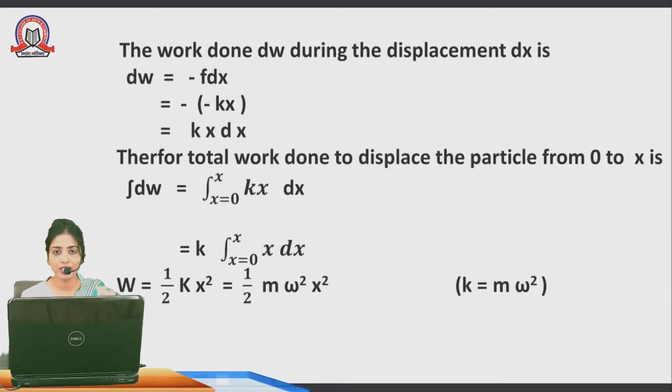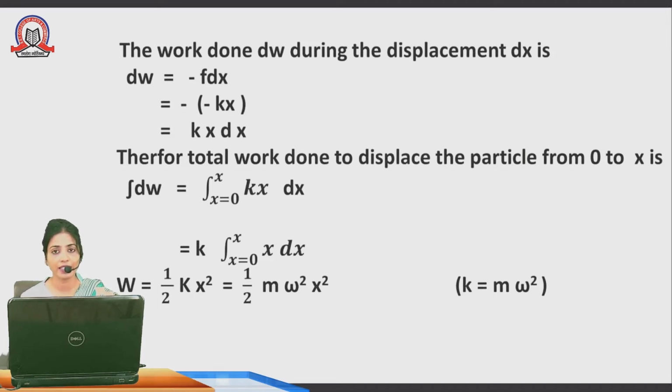When we are solving the integration, the constant term is always taken outside. So in this equation, what is k? It is a constant term. So write it outside the integration: the equation becomes k times the integration from x equals 0 to x of x dx.